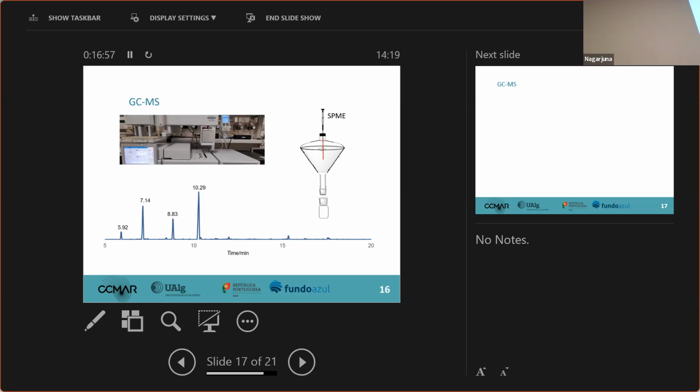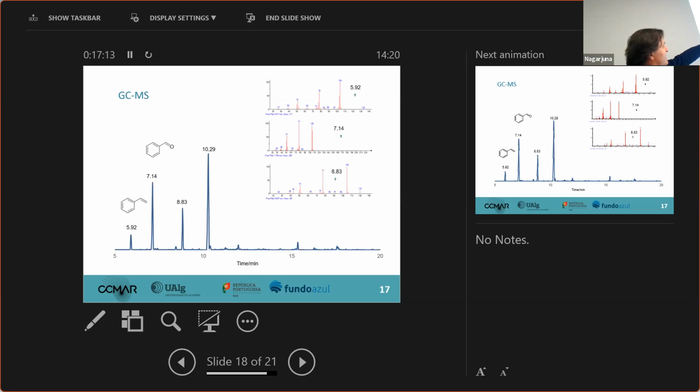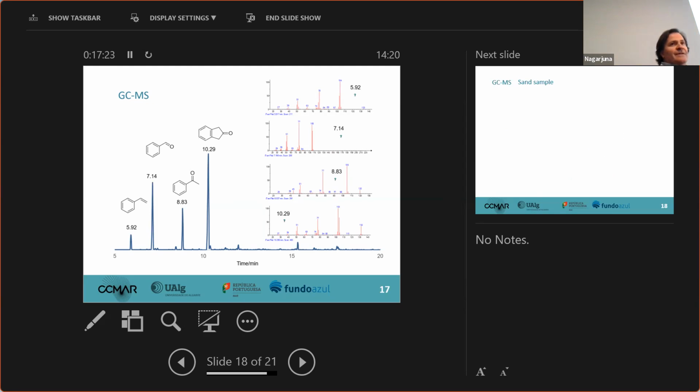This was obtained by thermal degrading a standard of polystyrene. Okay. And what are those peaks? Okay. GCMS, we have the spectra and the structures here. You know, styrene, benzaldehyde, acetophenone, and indenone. So these compounds are released after thermal degradation of pure polystyrene.